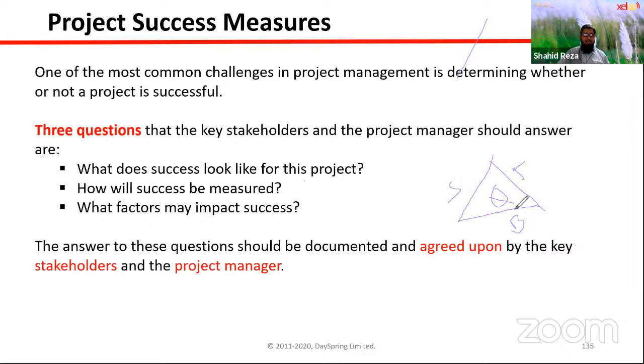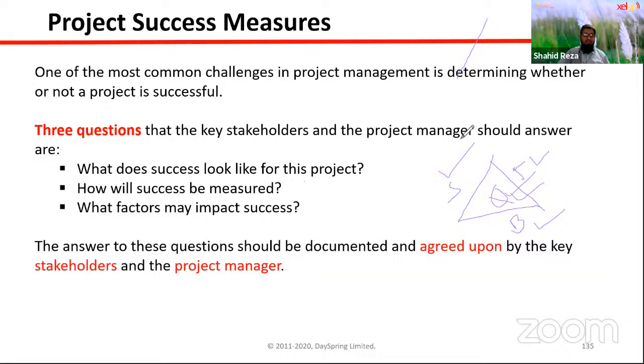Maybe you have effectively, efficiently finished your project. You made the scope, you met the time constraint, you did the project within budget. You have completed the project with quality. But still, the project is not successful.